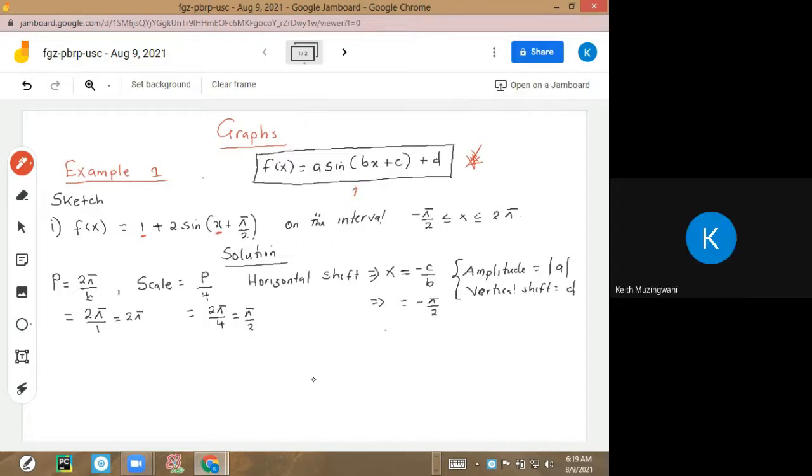That's a general structure of the sine function. So all the sine functions have to appear like that, and when they are like that, you use those letters to help you get the period, the scale, horizontal shift, the amplitude, the vertical shift, for every sine function.